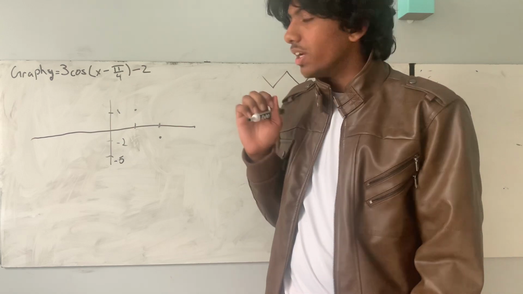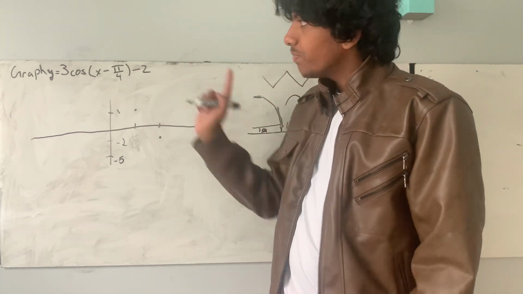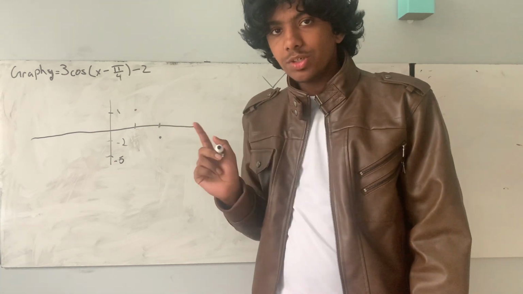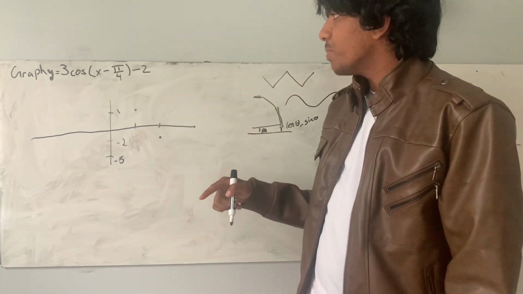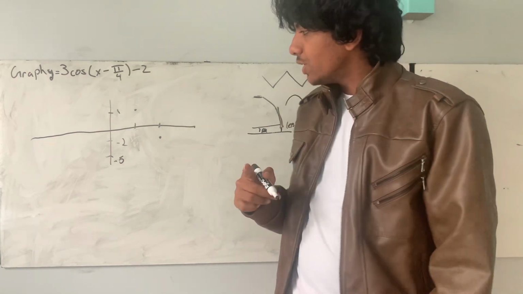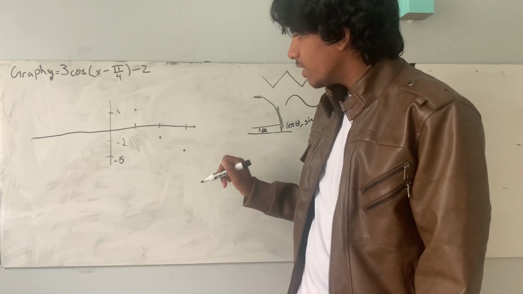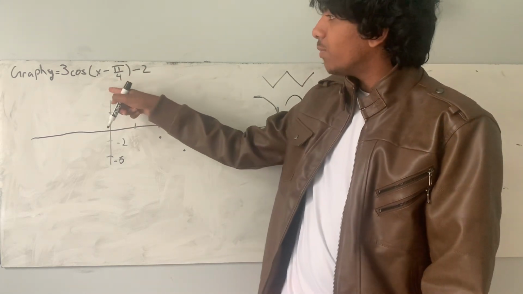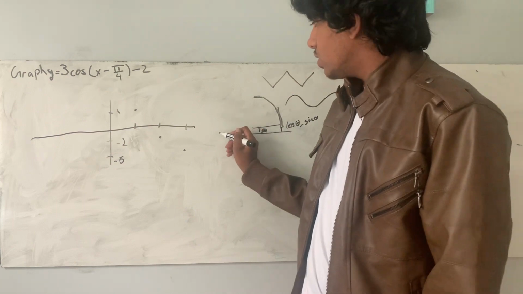Because cosine of pi over 2 is 0. Sorry, cosine of pi over 2 is 0. And I plug a 3 pi over 4 in, you're going to get a pi over 2, because you're going to get 2 pi over 4, which is pi over 2. And then when you go pi over 2 again, you're going to get negative 5, because you're going to get negative 1 in the cosine, times 3 is negative 3, minus 2 is negative 5, and so on, so on, so on.